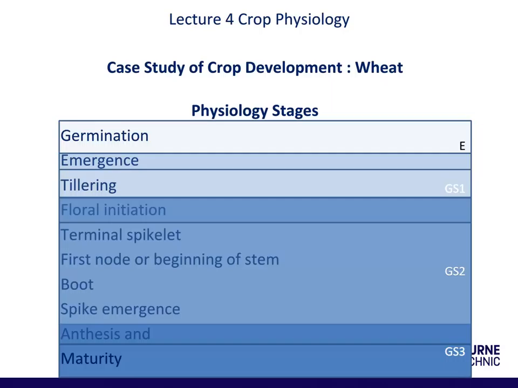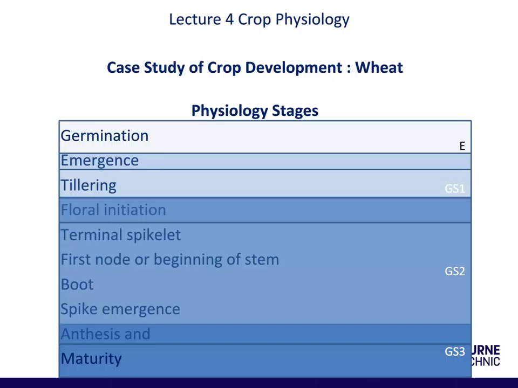There is a whole suite of growth, or what we call tillering of a wheat. The tillering reflects the morphology of the wheat. Floral initiation is the start of the flowering process, and the terminal spikelets is a part of the physical formation that is important in our definitions for specifically wheat.